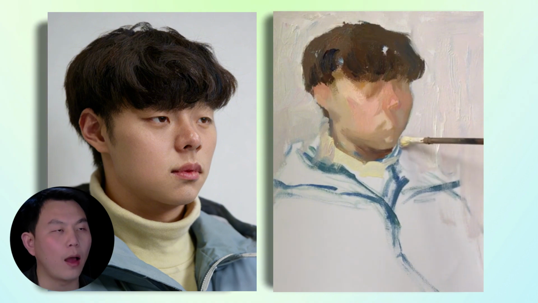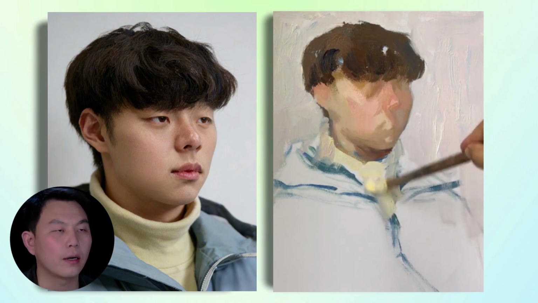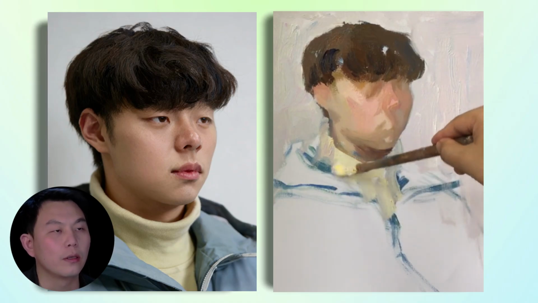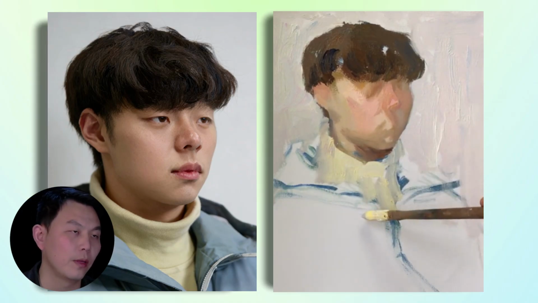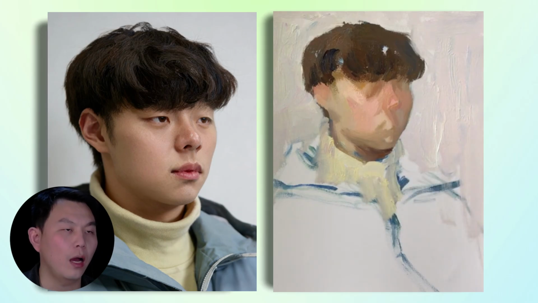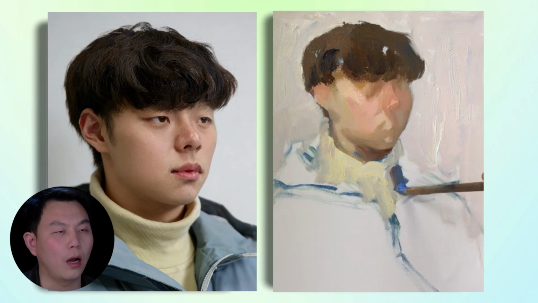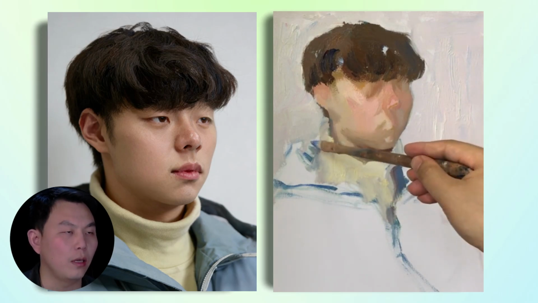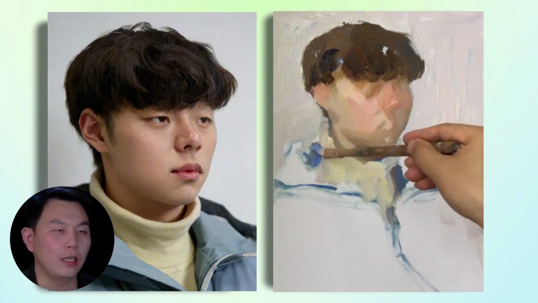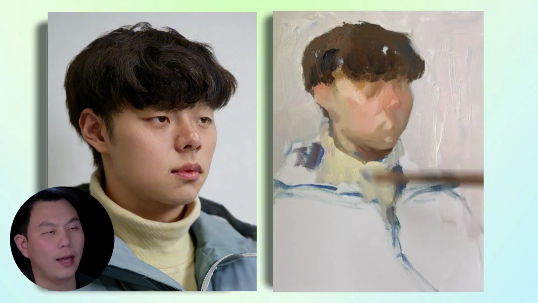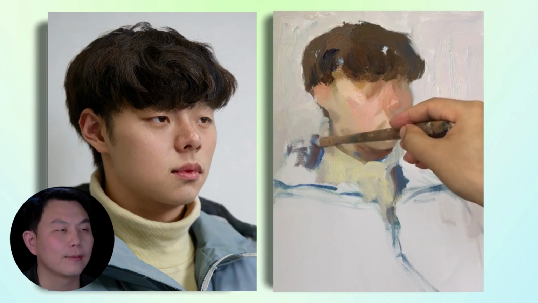Now, let's block in the large color masses for the entire garment. As for the color areas, we first identify the shapes of the colors in the parts of the garment that are not in the light.